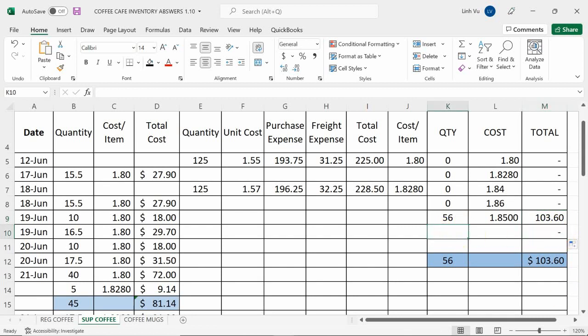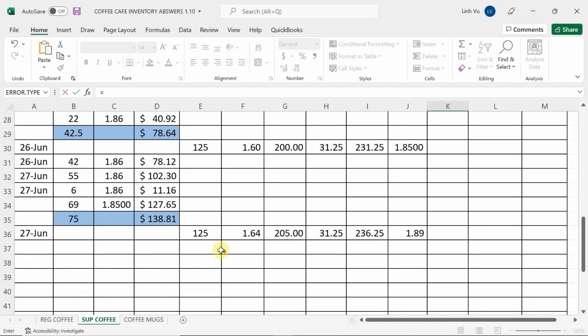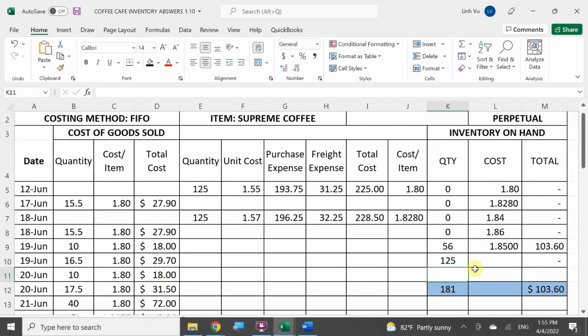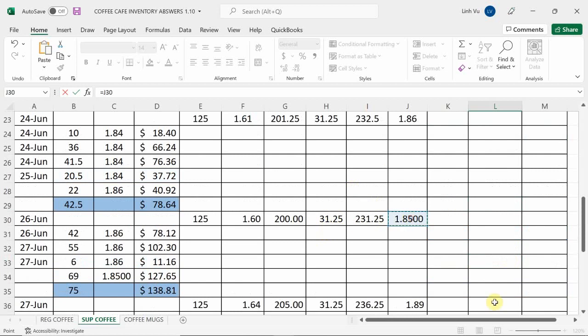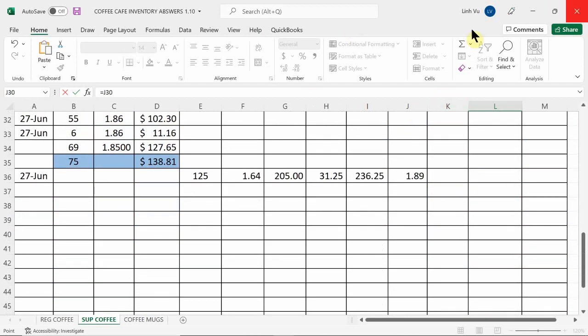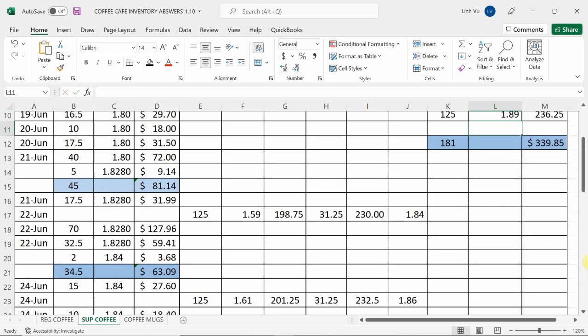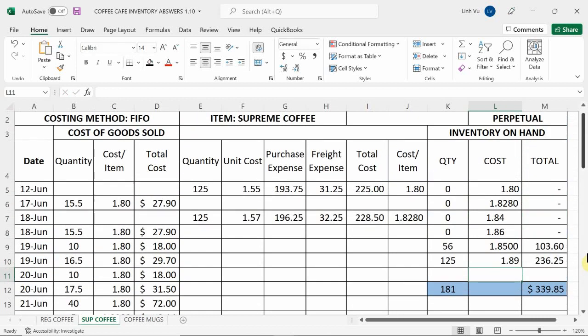Okay. We just purchased another 125 pounds, okay, at a cost per item of $1.89, right, to give me a total of 236.25. So in this case, I have a total of 181 pounds at a grand total cost of $339.85.